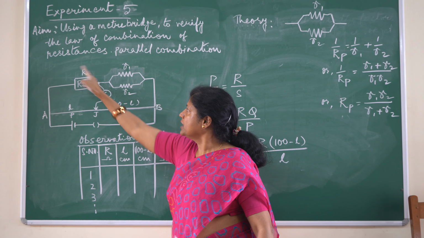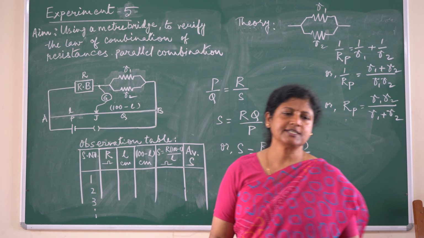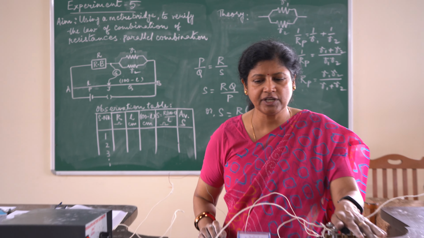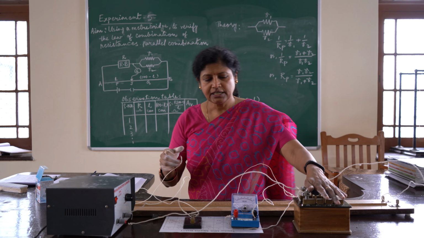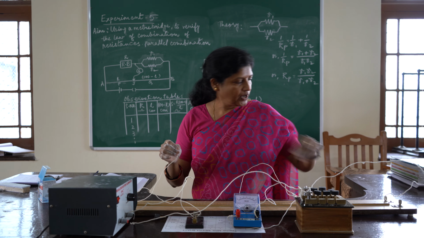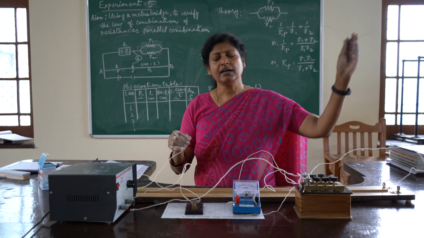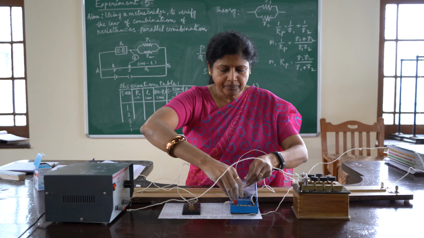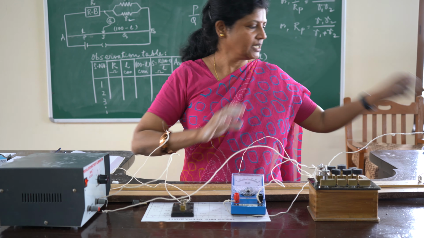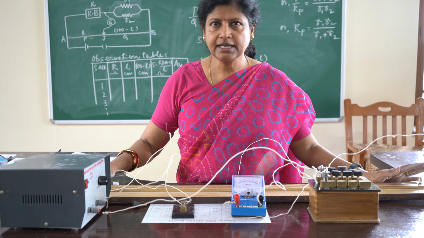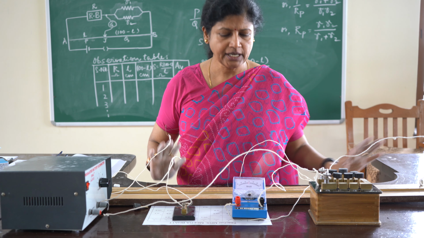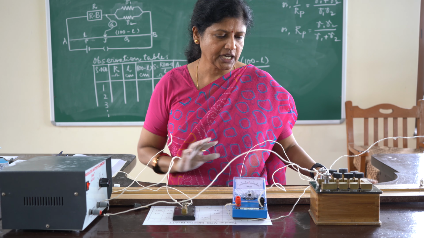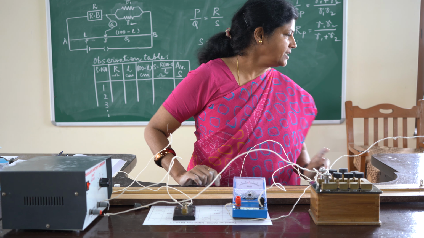Here you see we are having one resistance box, and 2 wires, one wire, second wire. Now I am joining. Okay, just a minute. Now see the arrangement. Here we have our arrangement.